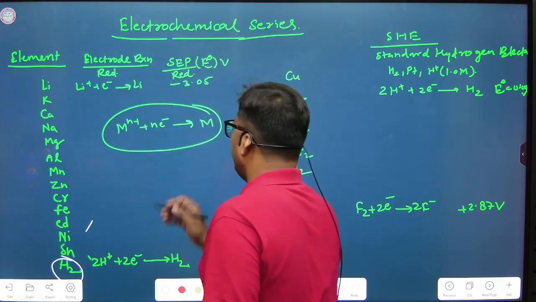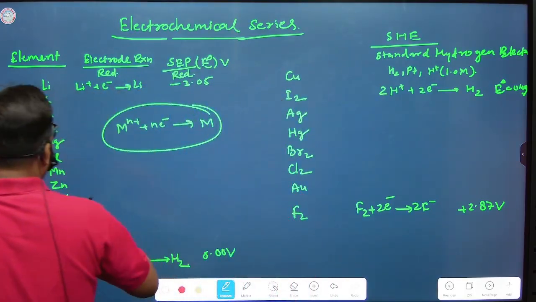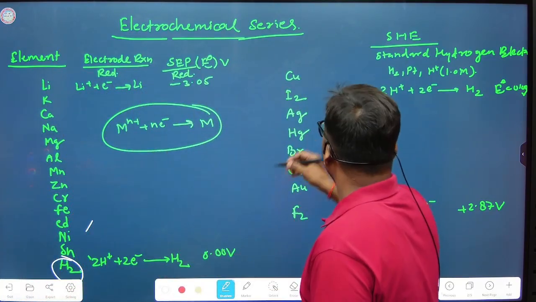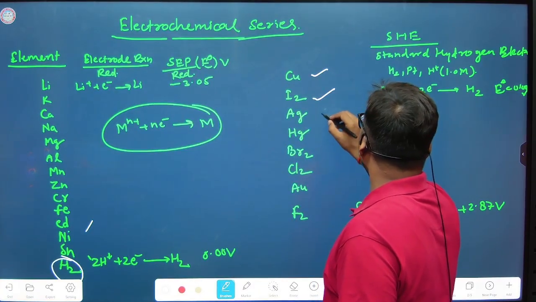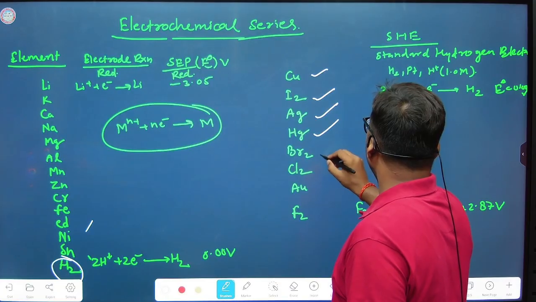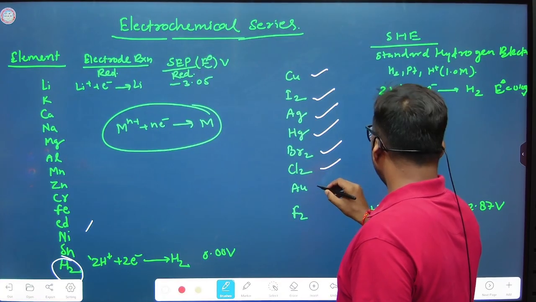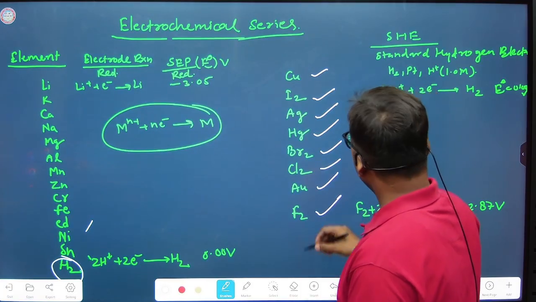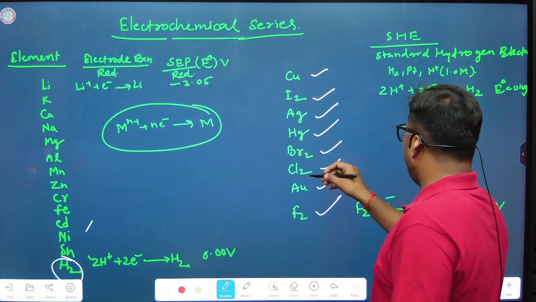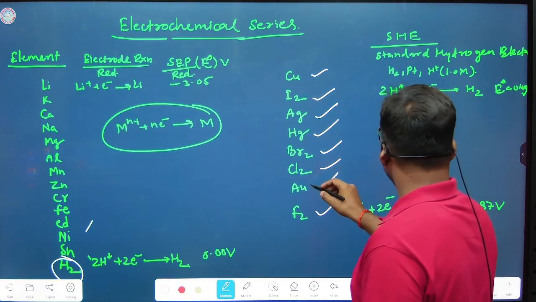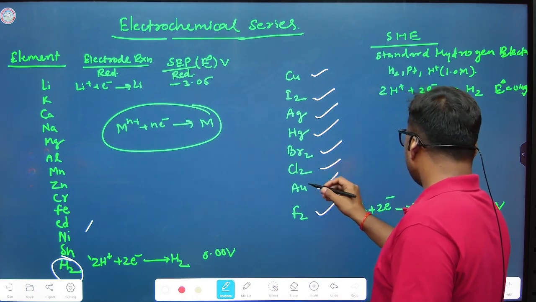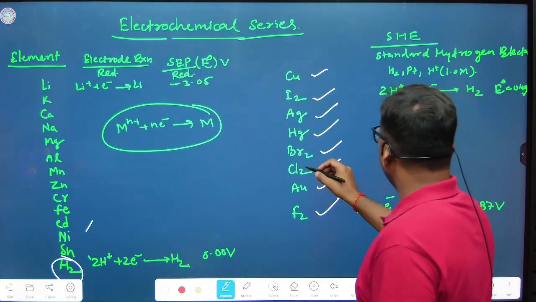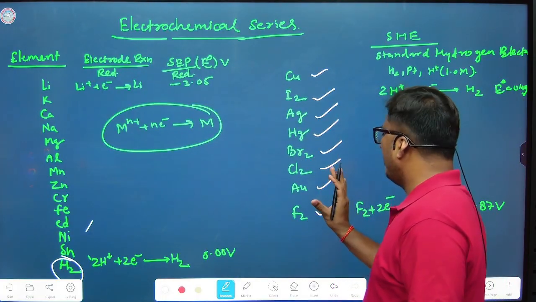Above the hydrogen, they are all metals, right? And below the hydrogen: copper, iodine, silver, mercury, bromine, chlorine, gold, and fluorine. Between chlorine and fluorine, there will also be bromine and iodine.